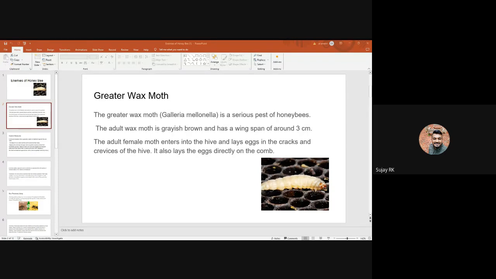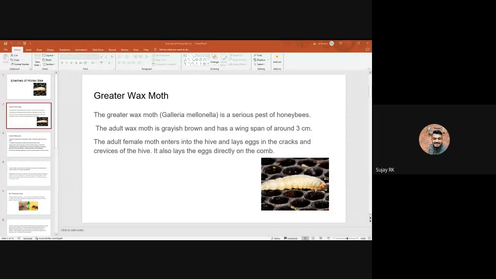So we need to do frequent cleaning of the floor, and this will help in checking the wax moth infestation. For this, we need cleaning and time-to-time checking of the bee boxes, particularly in places where there are cracks. We need to keep watch whether there is any development of wasp in those places.